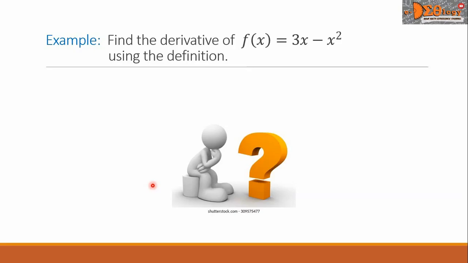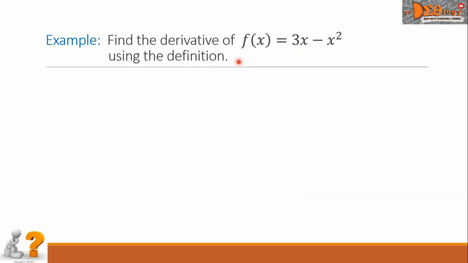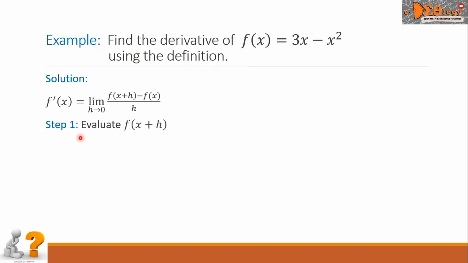Let us see this example. Find the derivative of f of x equals 3x minus x squared using the definition. For our solution, let us write our formula here. And let us have step 1, and that is to evaluate the function f of x plus h.